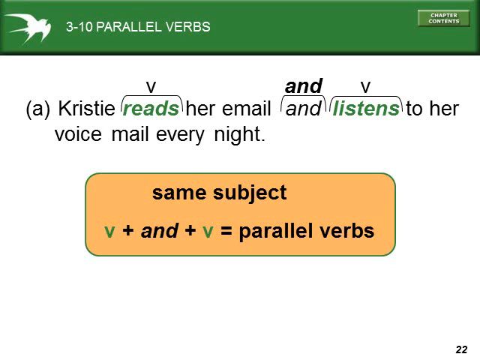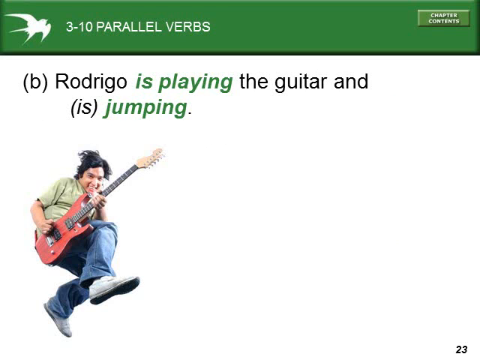So a common mistake that students make, and not just ESL students, all writers, native and non-native speakers alike, we'd say that Christy reads and is listening to her voicemail every night. This is incorrect. You need to have both the verbs being the same.